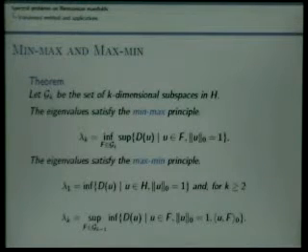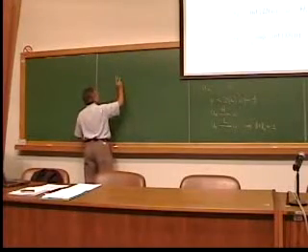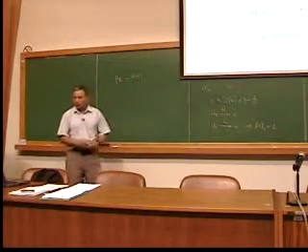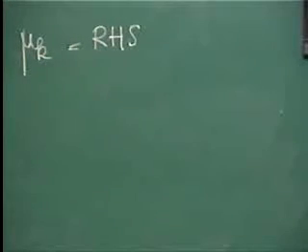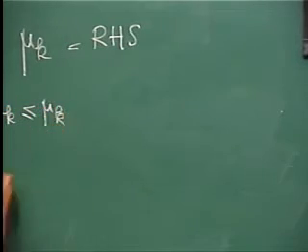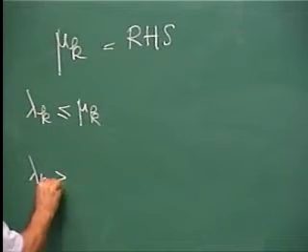The idea, you have, in fact, two inequalities to write. So let me call mu k the right-hand side of the first equality here. What you have to show is that lambda k is less than or equal to mu k, and you have to show that lambda k is bigger than or equal to mu k.